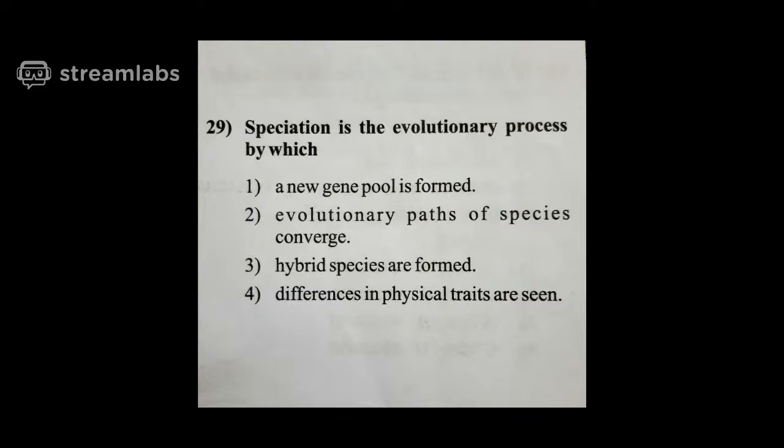Here is a question. Speciation is the evolutionary process by which, options are given. You can go through the options. A new gene pool is formed. Evolutionary paths of species converge. Hybrid species are formed.